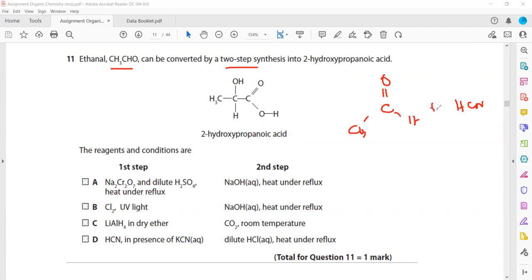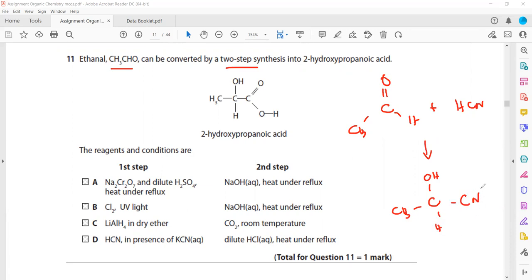Because when we add HCN in the presence of KCN, a nucleophilic addition reaction will occur and it will turn into 2-hydroxypropanenitrile. So it will be like this.